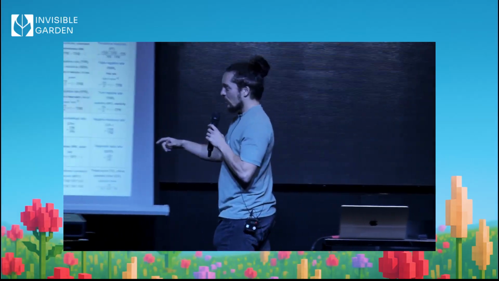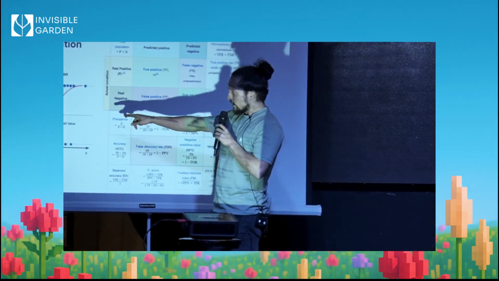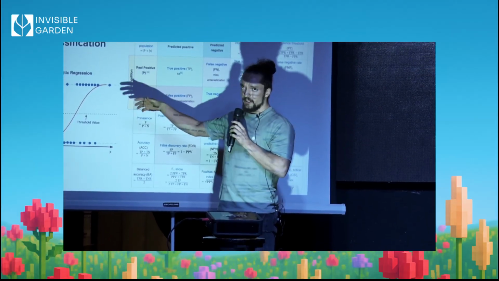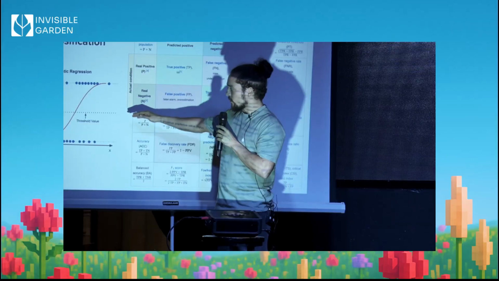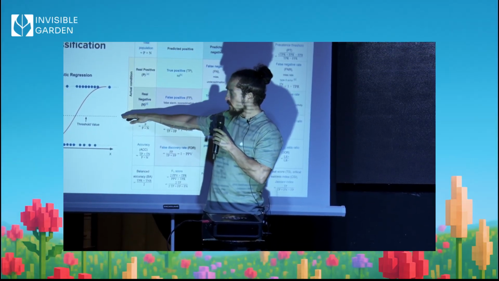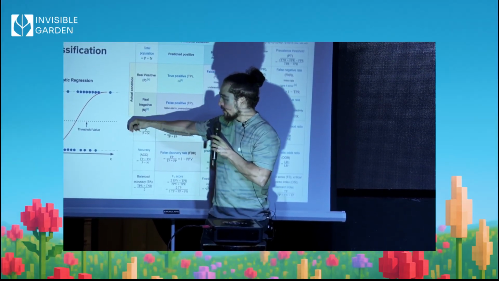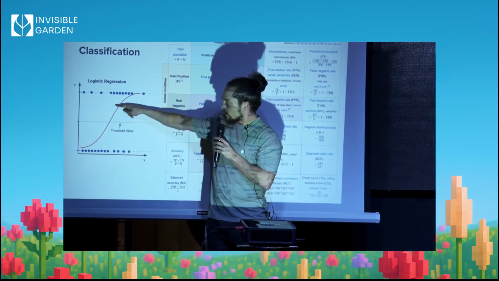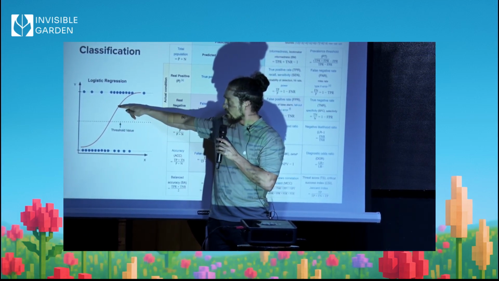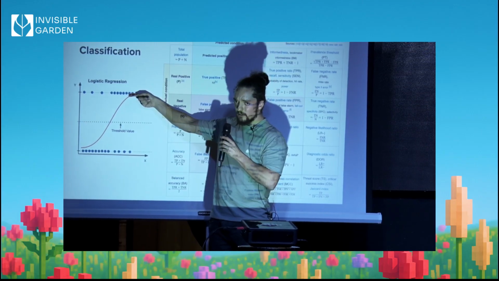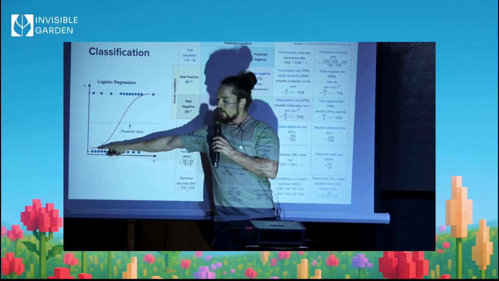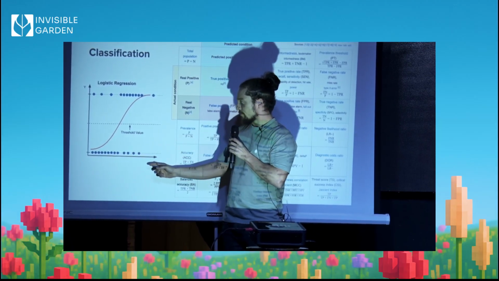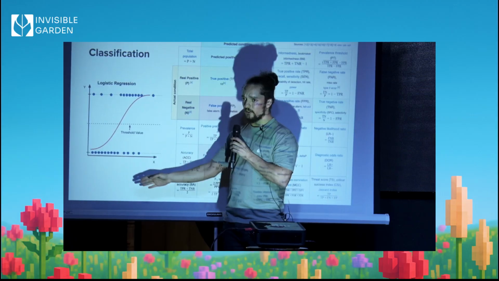Let's say you fitted this model to the data and you want it to predict the actual y value, a 0 or a 1. You just pick a threshold value, and whenever your model predicts something above the threshold, it classifies it as a 1, and whenever it predicts something lower than the threshold, it classifies it as a 0.